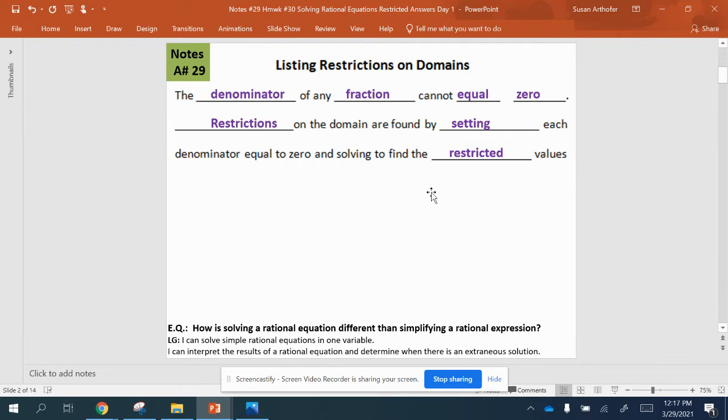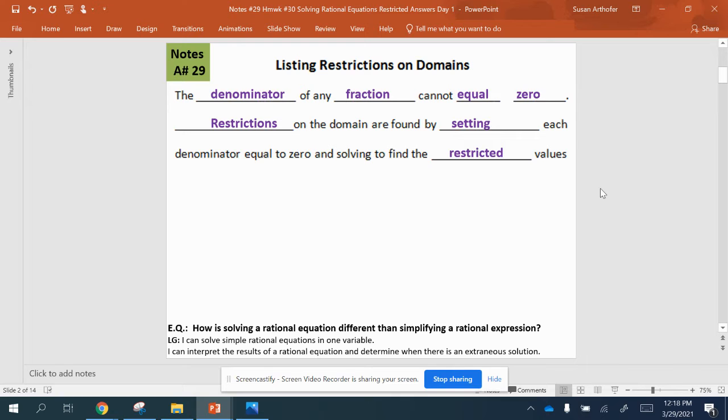Okay, so if you can, at the top of your notes page, write down the restriction on the domain. The denominator of any fraction cannot equal 0. It's undefined when it's like that.